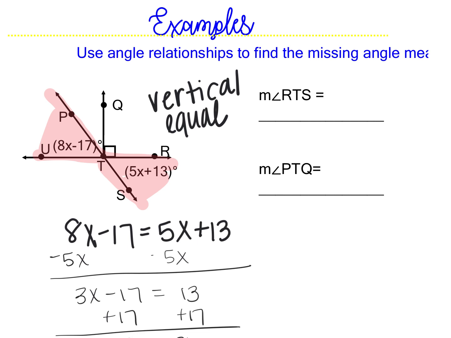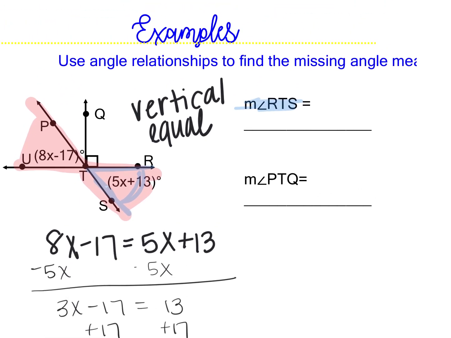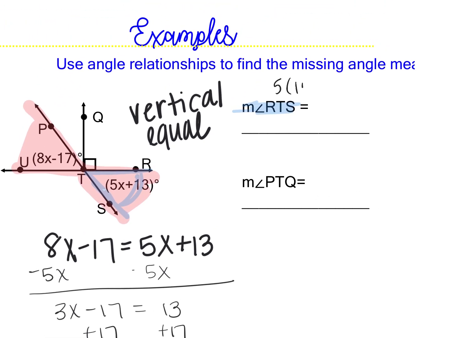Then we're going to plug them back in. So the first one, RTS, is this angle over here. So 5 times 10 plus 13 is 63 degrees.